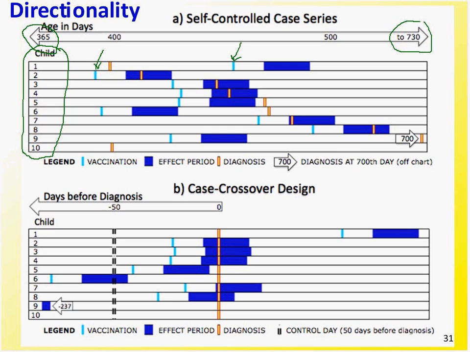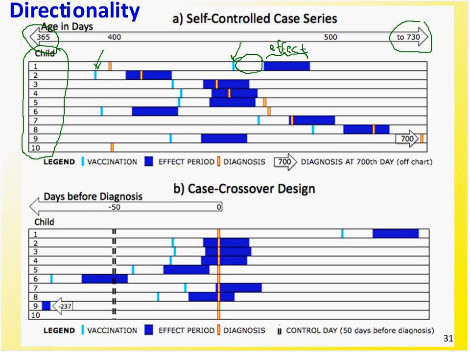There's the induction time, the delta between the vaccination, and this in the vaccine safety literature is called the risk period, but I personally prefer to call it the effect period because people are still at risk at other periods. This is the period when you expect an effect of the exposure, increased risk of the outcome.